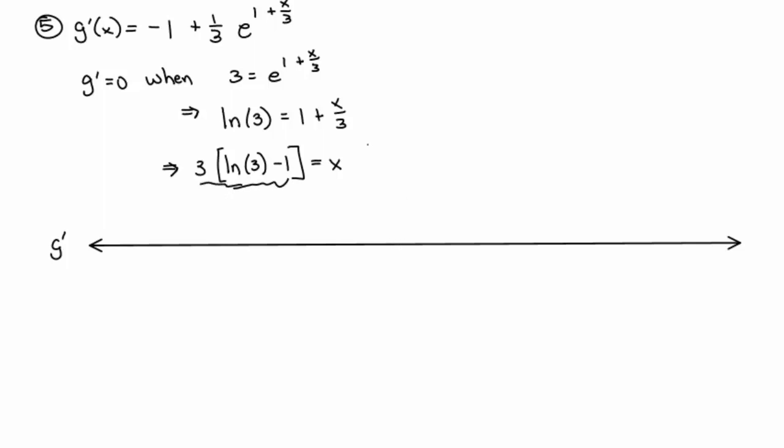So I'm going to mark 0, but that's not actually me saying that the sign of the derivative changes there. I'm just marking 0 on my number line. I'm going to place, maybe right about here, the value 3 times the natural log of 3 minus 1. It's a positive value. That's all I know.